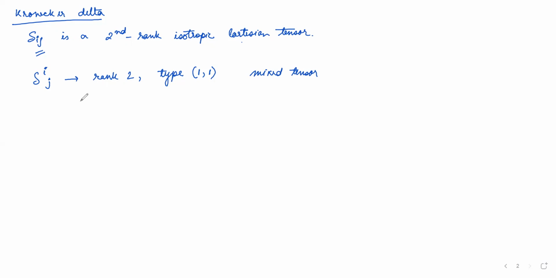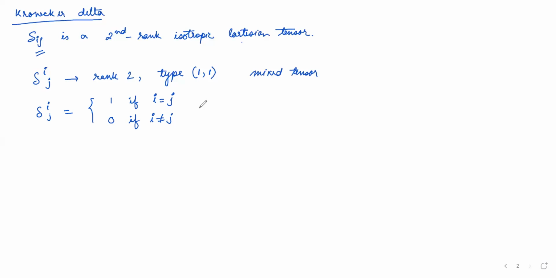This delta^i_j is equal to 1 if i is equal to j, and equal to 0 if i is not equal to j. So how can we show that delta^i_j is a mixed tensor?